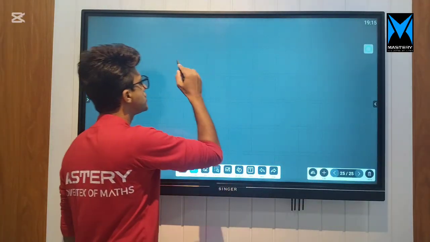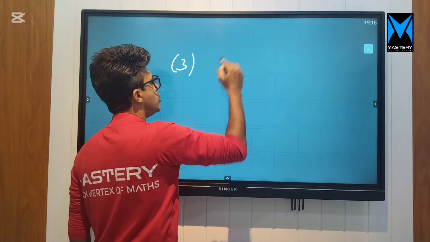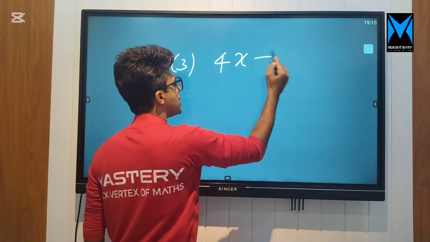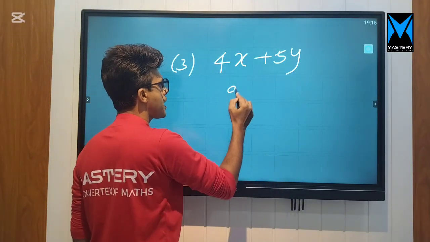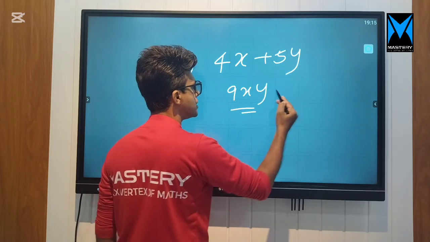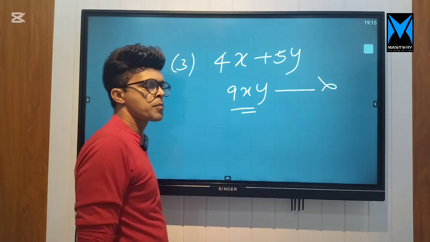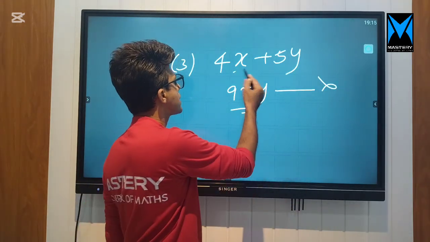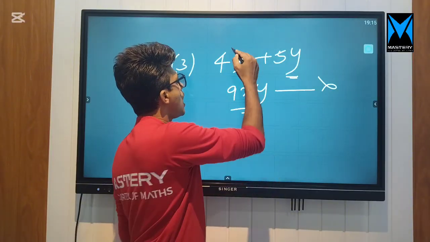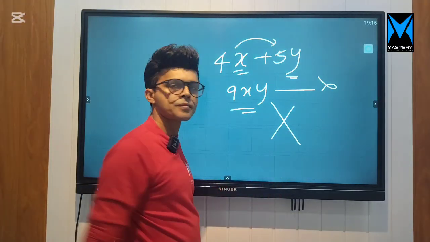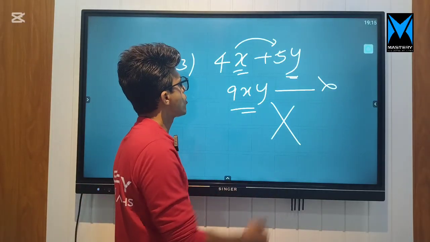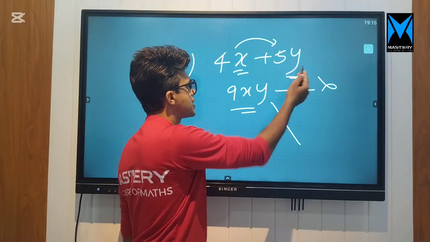So think of this one. 4x plus 5y. Are we able to add this, 4 plus 5, 9, and 9xy is the answer? No, this is wrong. This cannot be done. Here x, here y. Therefore, you can't add 4 plus 5 to get 9.